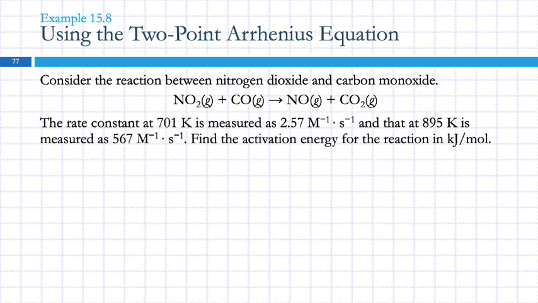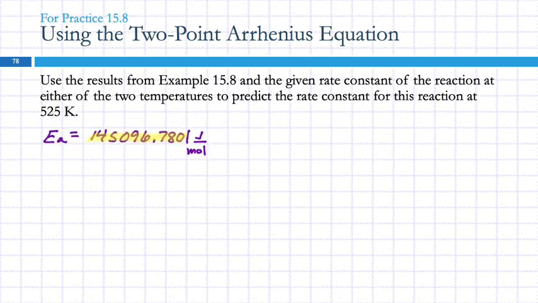We also need one of these pairs. 701 with 2.57 or 895 with 567. I'm going to use the 895 with 567. Okay. So temperature, we'll call that temperature 1.